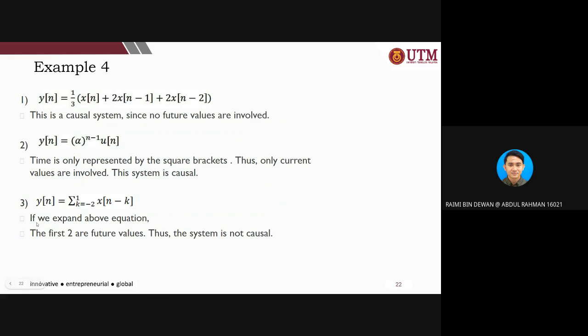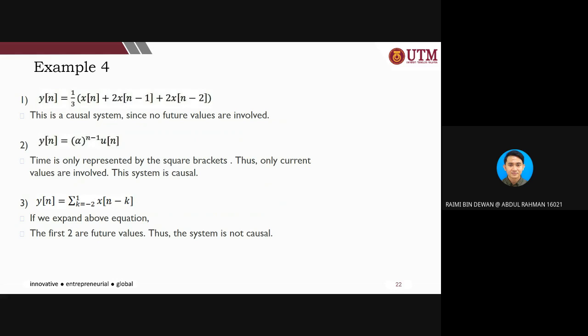Next, if we have y[n] equals the summation from k equals -2 until 1 of x[n-k]. If you see here, this is k equals minus 2. If we insert the values, we're going to have n minus minus 2, n minus minus 1, n minus 0, and n minus 1.